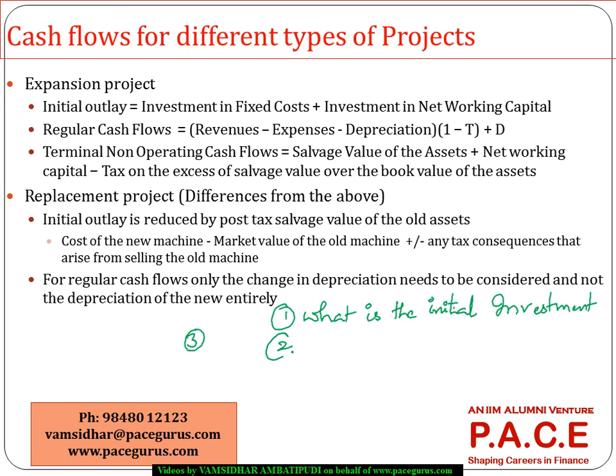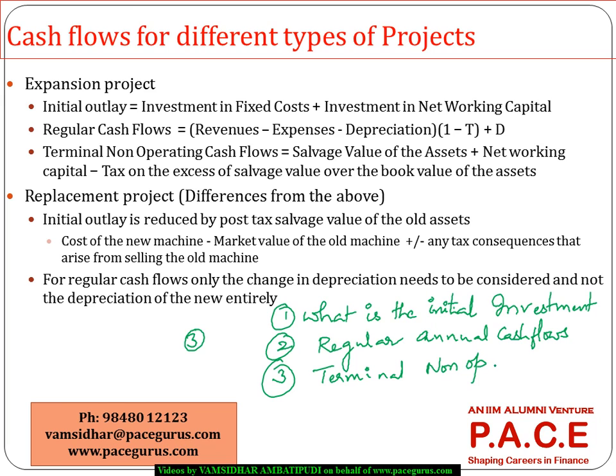Then find out the regular cash flows, annual or whatever period we are looking at, that we are going to get from the operations. And the third one is the terminal non-operating cash flow.